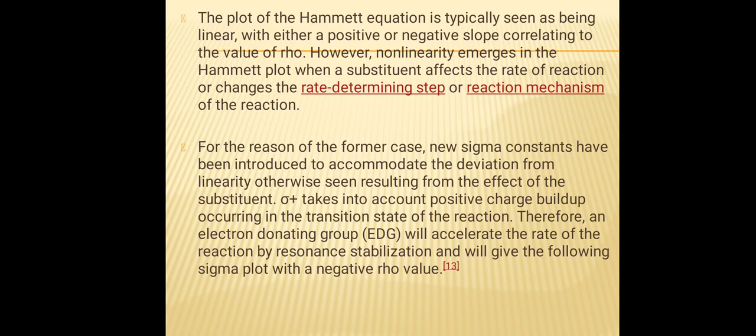That means when an electron donating group is attached to the ring, the rate of reaction is accelerated, that is, increased due to the resonance stabilization. But this is possible only when the electron donating group is attached.